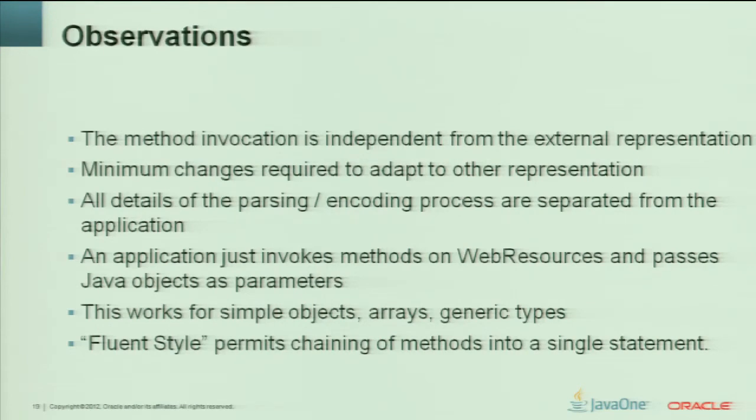An application just invokes methods on web resources and passes Java objects as parameters. And we get return objects, which are also Java objects. And this works for simple objects, it works for arrays, it works for generic types. And we can use Fluent style to chain methods into a single statement or a single line.